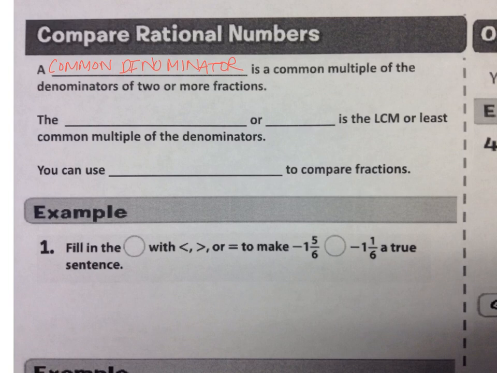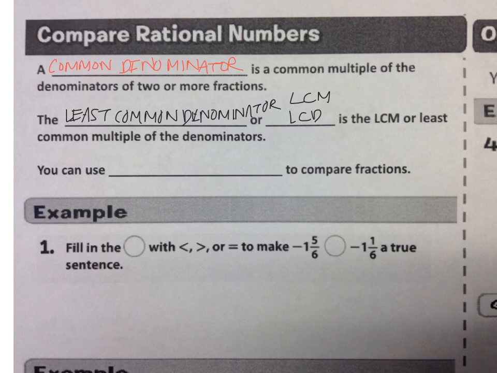The least common denominator, or LCD, some people call it LCM, they're the same thing, is the LCM or least common multiple of the denominators. You can use LCD or LCM, whatever you were taught, to compare fractions.